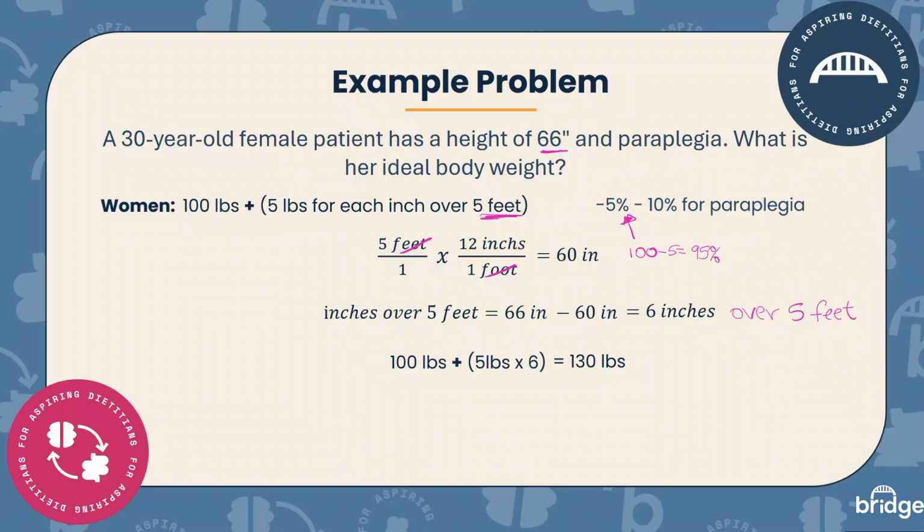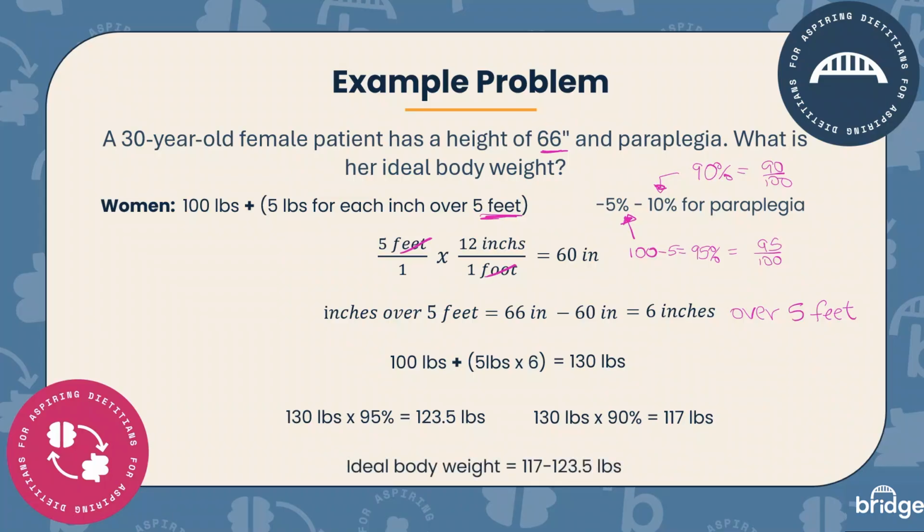And if we're subtracting 10%, then we're looking at 90%. 90% means 90 over 100, which is 0.9, and 95% means 95 over 100, so 0.95. If we take 130 and multiply it by these percent calculations, then we can find out that her ideal body range would be somewhere between 117 and 123.5 pounds.